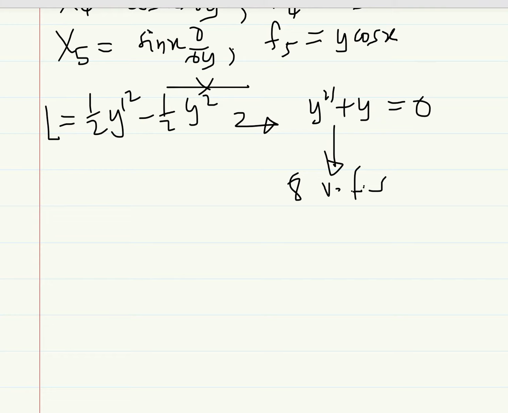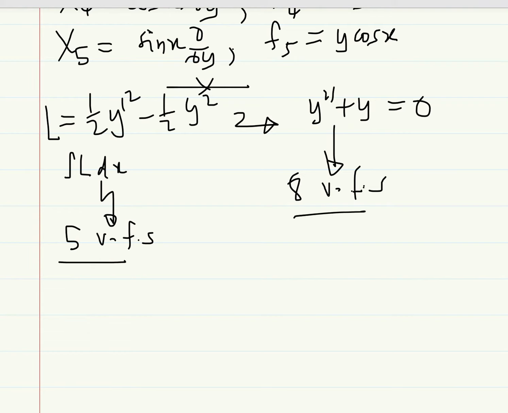The basis would contain 8 vector fields, and now we showed that if you look at the invariance of this Lagrangian, we end up with an algebra with basis containing 5 vector fields, dimension 5, and 8 on that side.